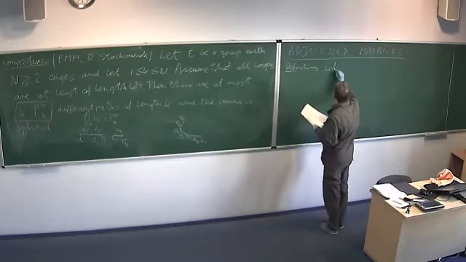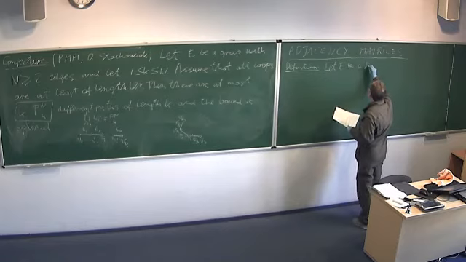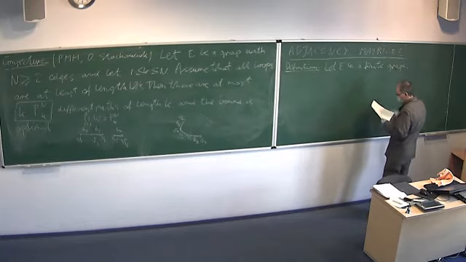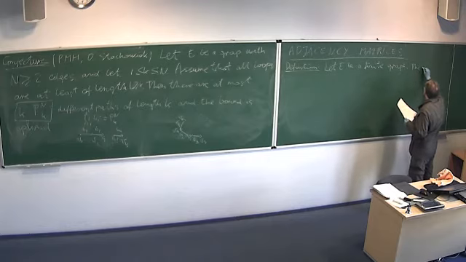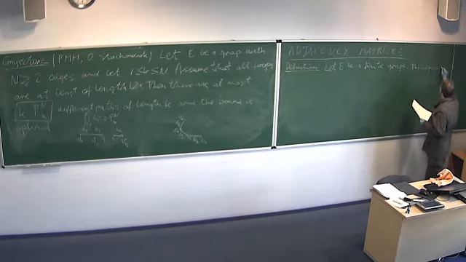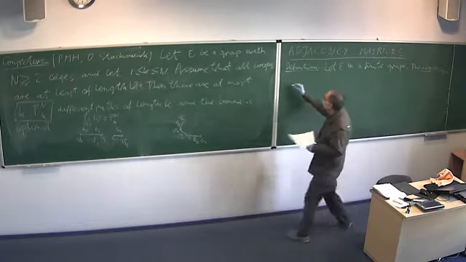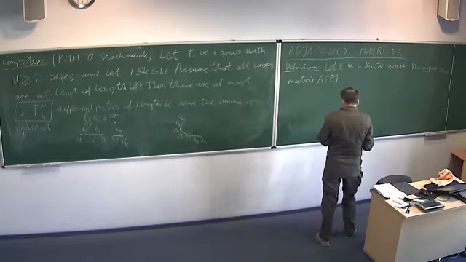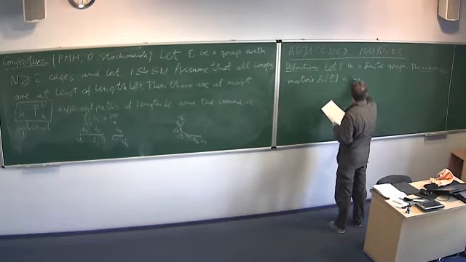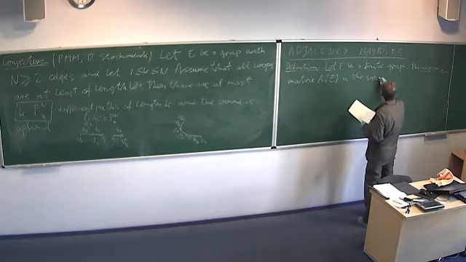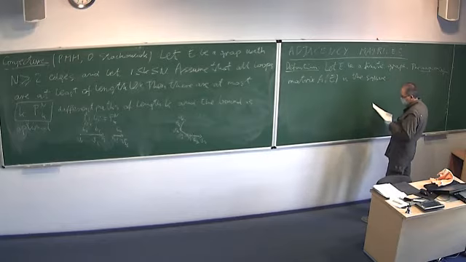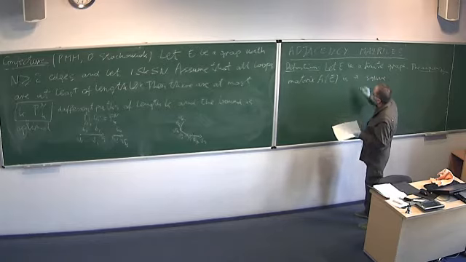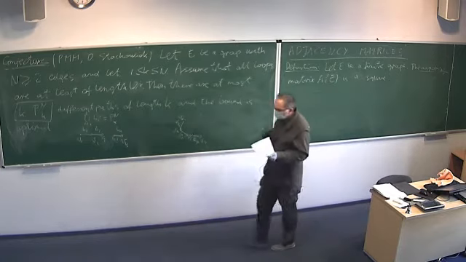Okay, so as I warned you, let E be a finite graph. The adjacency matrix A of E is the... well, actually, I should say an adjacency matrix, because, you know, it's a linear algebra issue, it has nothing to do with graphs.